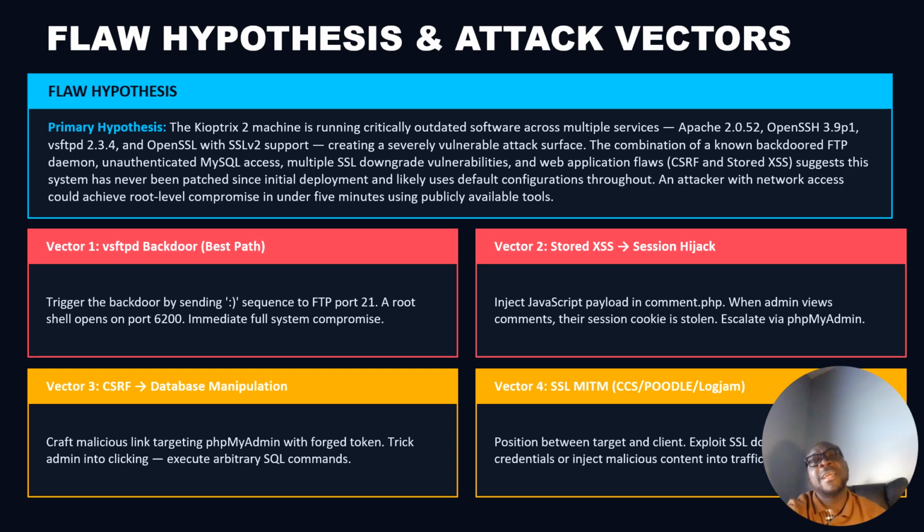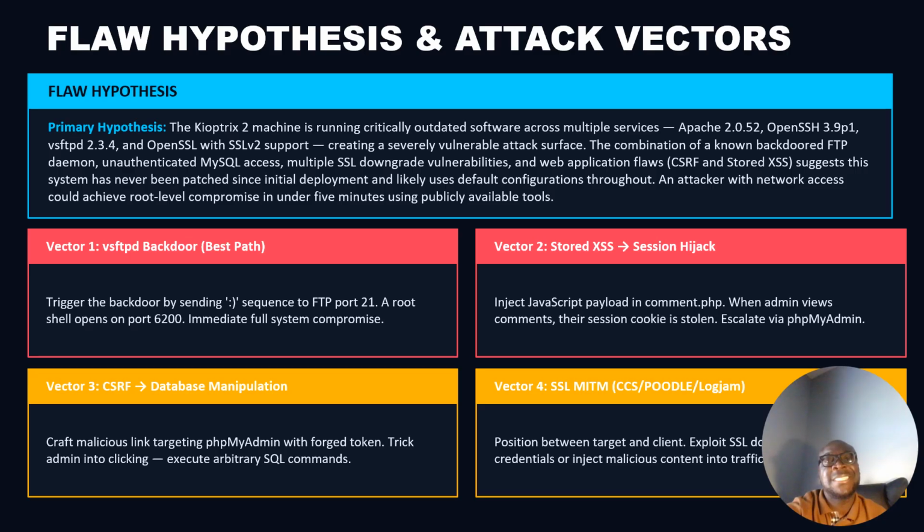My preferred attack vector is the vsftpd 2.3.4 backdoor. It requires no credentials, no brute force, and no complex exploitation. You simply send a smiley face character sequence to the FTP service, and a root shell opens on port 6200.